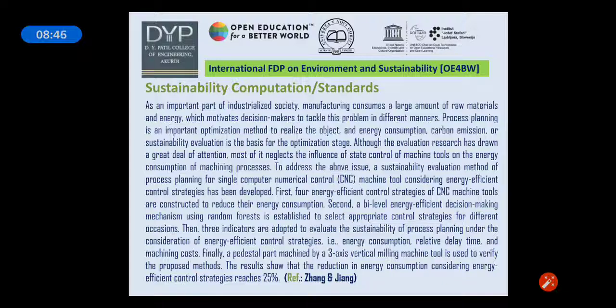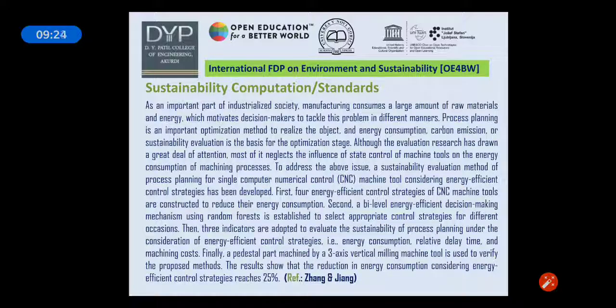Then, 3 indicators are adopted to evaluate the sustainability of process planning under the consideration of energy efficient control strategies, and those factors are energy consumption, relative delay time, and machining costs. Finally, a pedestal part machined by a 3-axis vertical milling machine tool is used to verify the proposed method. The results show that the reduction in energy consumption considering energy efficient control strategies reaches 25%.